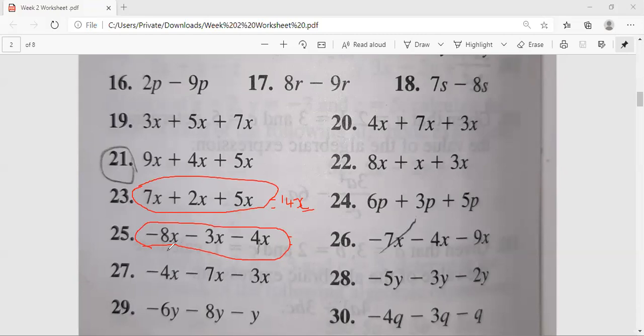Check it in your calculator. Negative 15x. So you have to be very careful when dealing with negatives as signs, right?